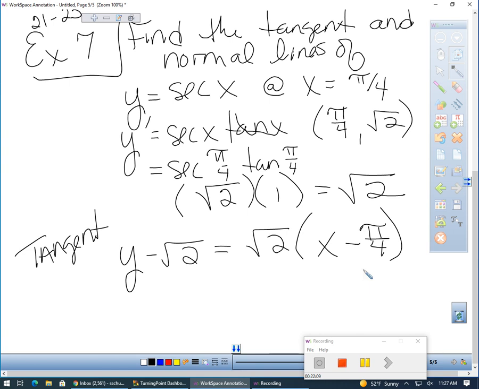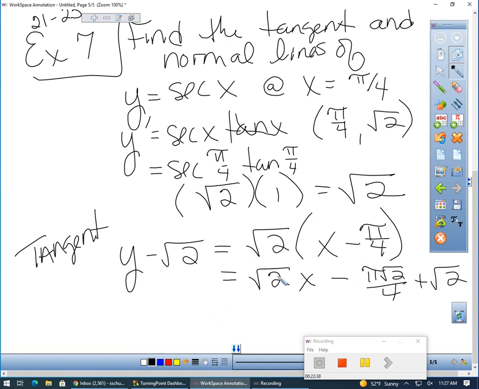You don't have to distribute. You can if you want to, but you don't have to because you cannot simplify it anyway. So if you decided to distribute, root 2 times x minus pi root 2 over 4, and then you can just add root 2 to the other side. So whether you leave it like this and put plus root 2, or you distribute and put plus root 2, the same exact thing, so it doesn't matter.